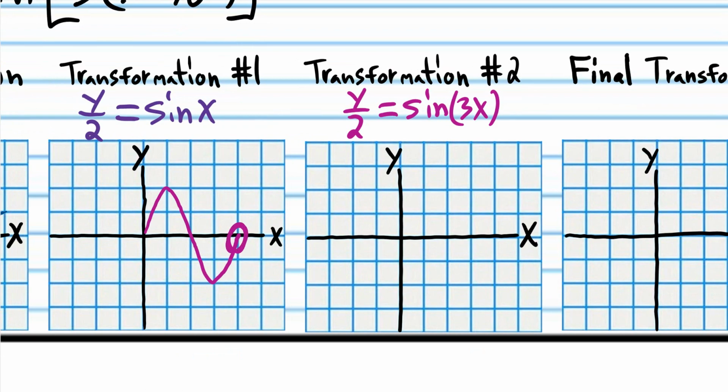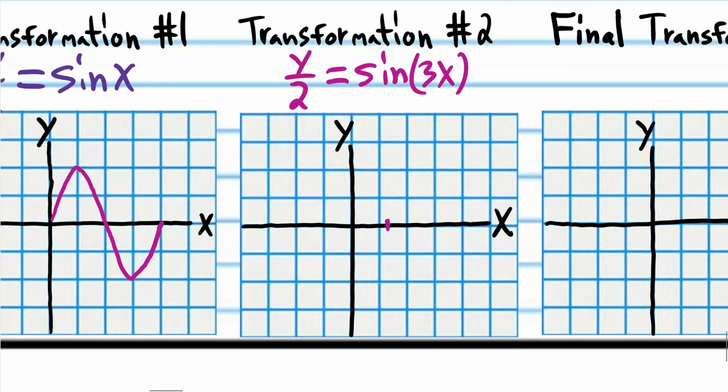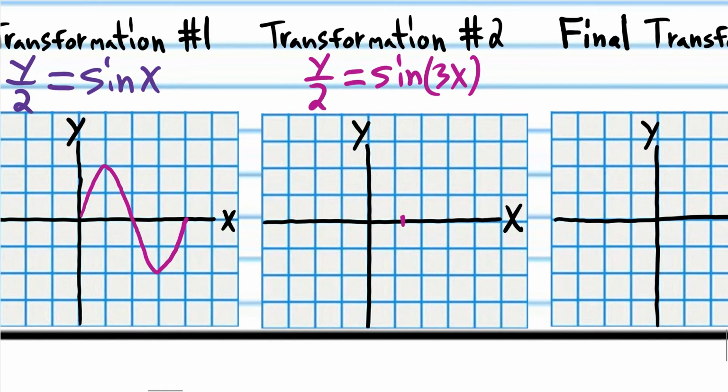The x value of this point is going to be divided by 3, which means that you're going to end up at 120 degrees, which is somewhere around there. So the curve is going to get really, really scrunched in there tightly.